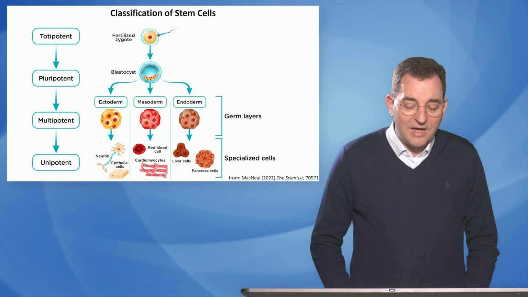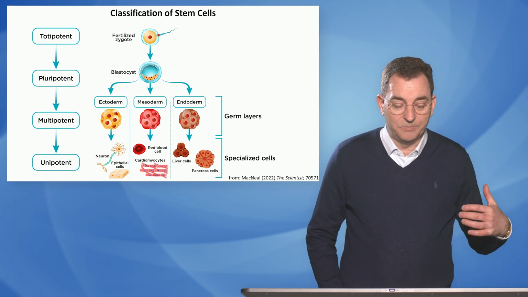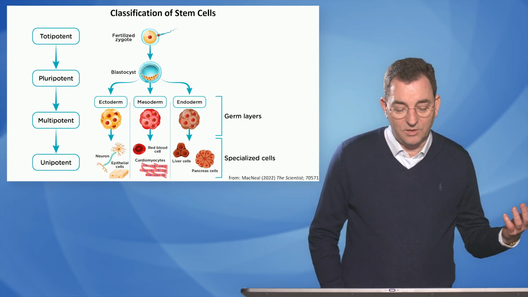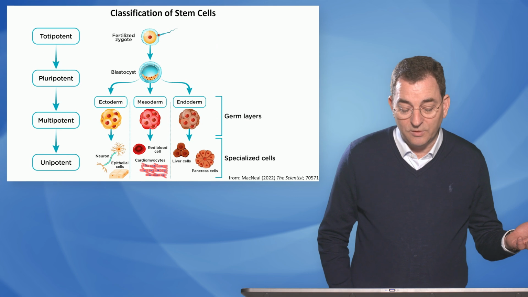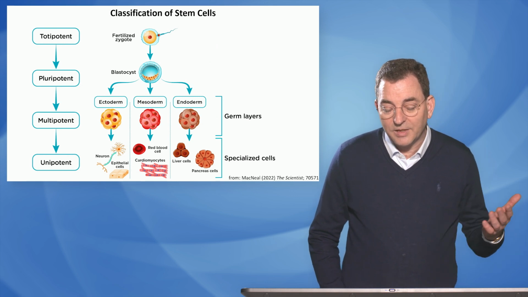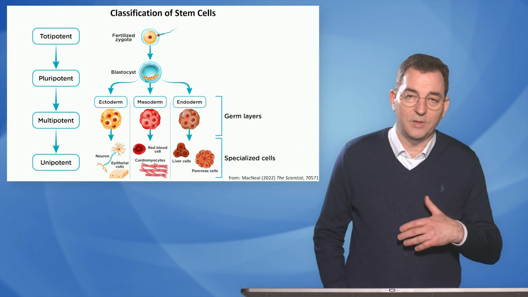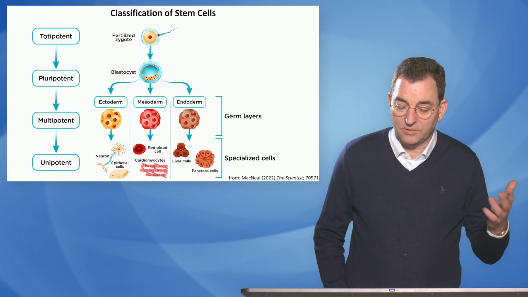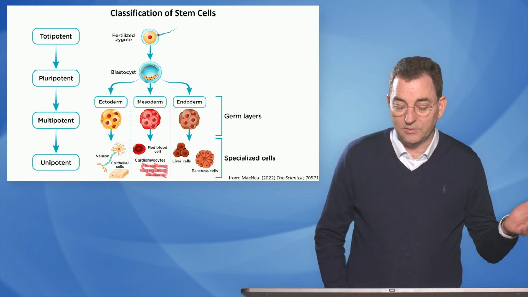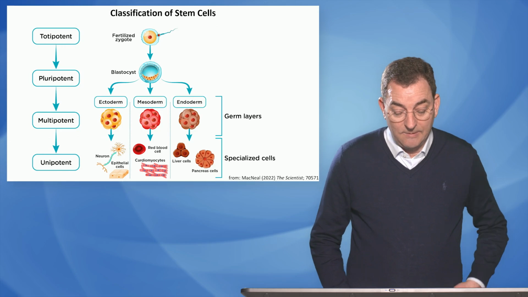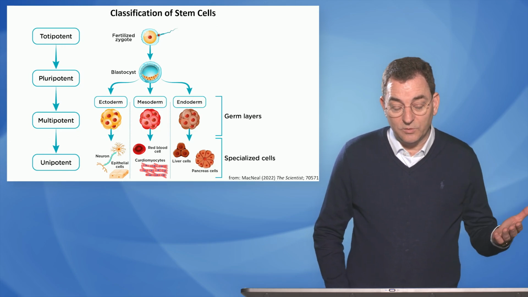So how do we classify stem cells? We have different potencies. We can have a totipotent stem cell, which is basically the fertilized zygote. These cells can become everything in the body, all cells, all tissue types, including the placenta when it comes to mammals. We have so-called pluripotent stem cells.